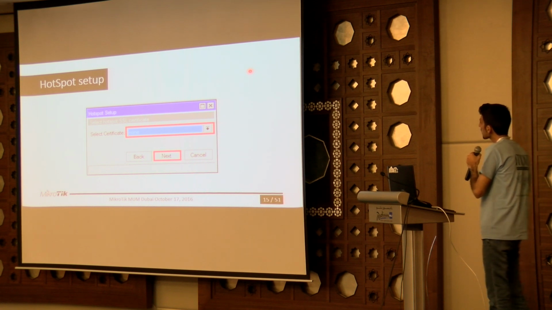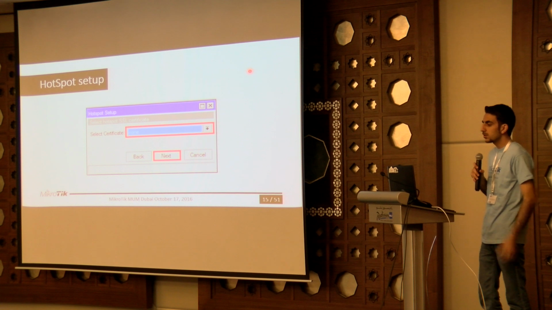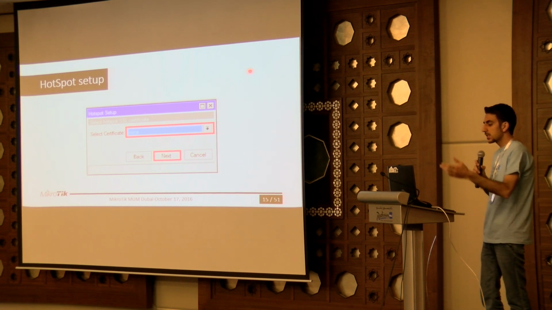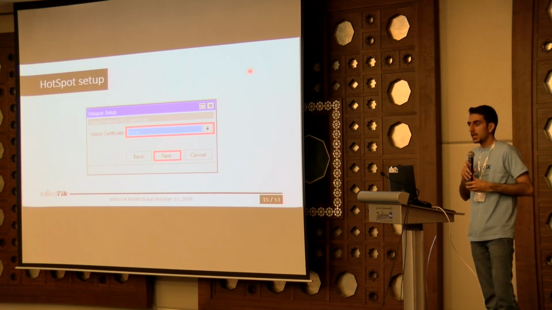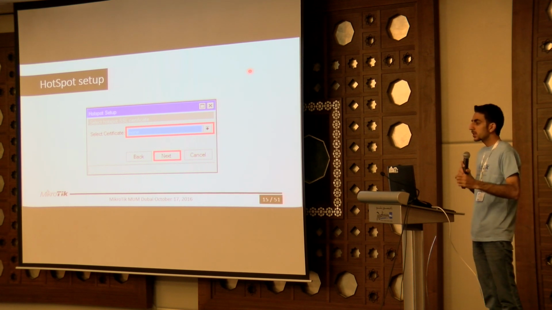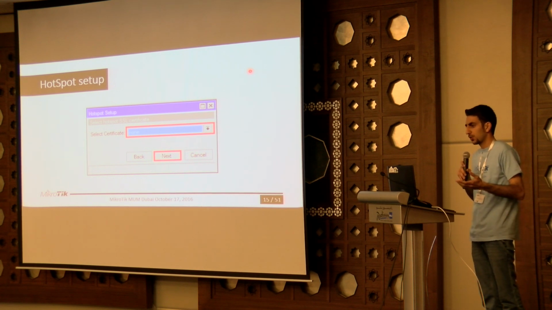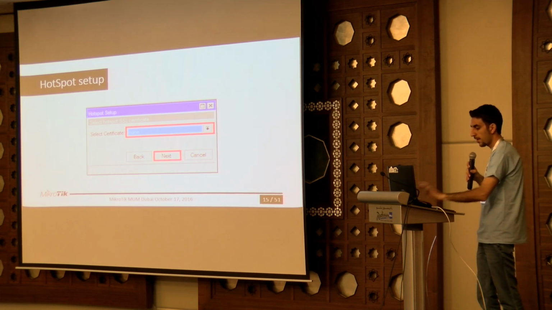Also, this step is optional. If you want a secure hotspot login page, you can select SSL in this step. But this step is not important for running hotspot, just optional. And then click on next.